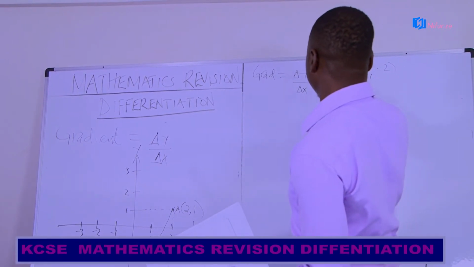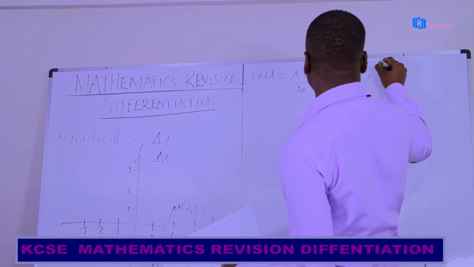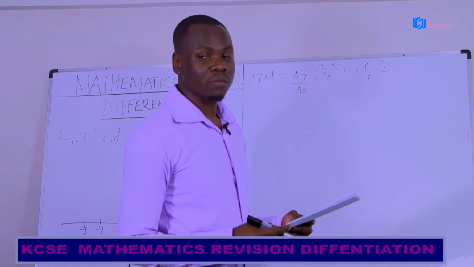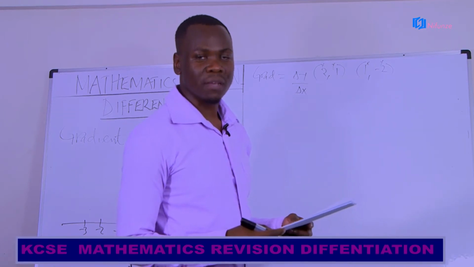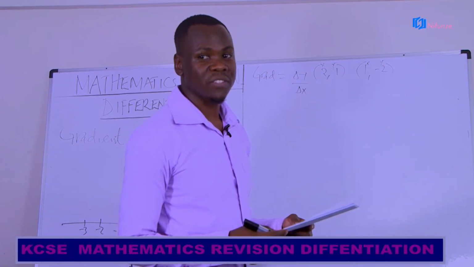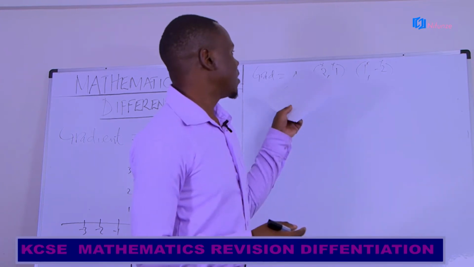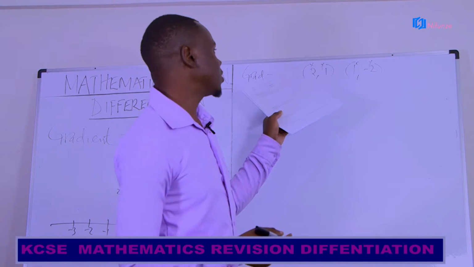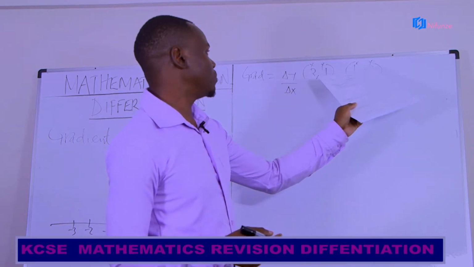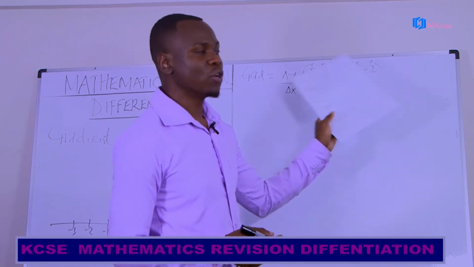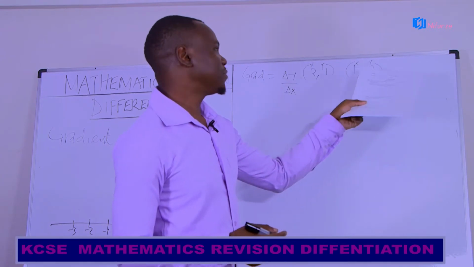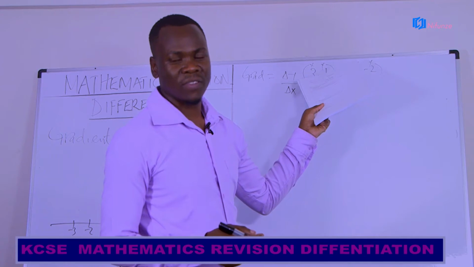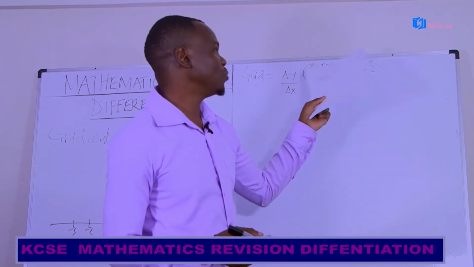This is x, this is y, this is x, this is y. So the gradient of the line AB can be arrived at by finding the change in y coordinates over the change in x coordinates. We have the coordinates of A as 2, 1 and those of B as 1, -2. So we can start from A to B or from B to A. The problem comes only when you interchange.